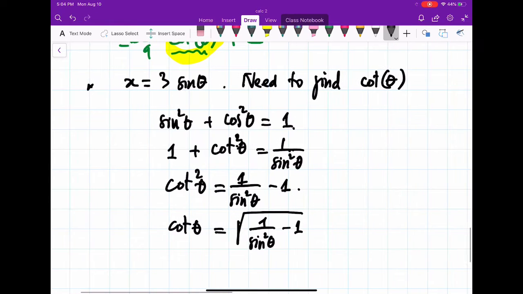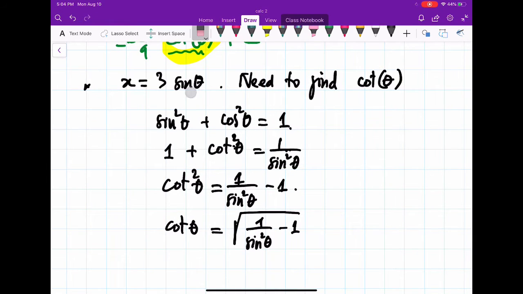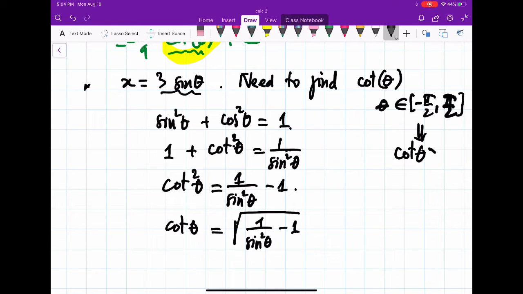Again, when you do this substitution, you would choose theta between negative pi over 2 and pi over 2. In that situation, cotangent is always positive. So that's why you pick just plus, without negative. Okay, and you know the sine already. You know sine is x over 3, right?